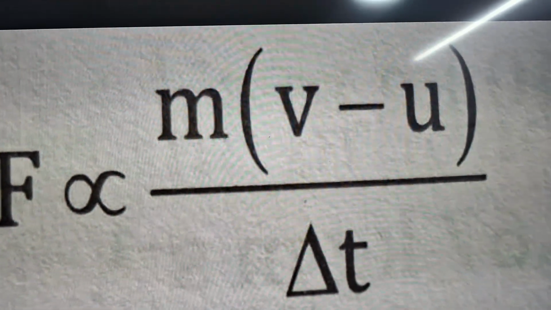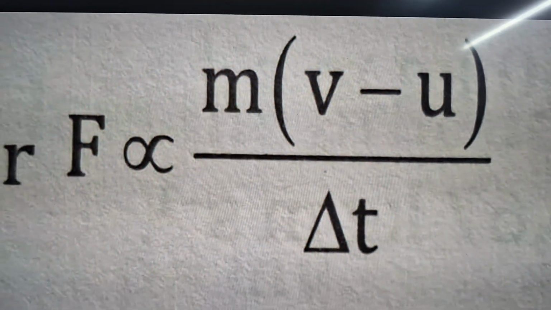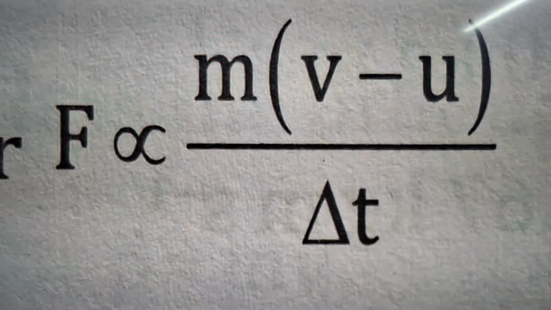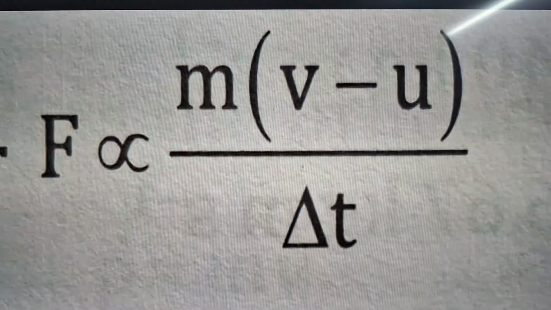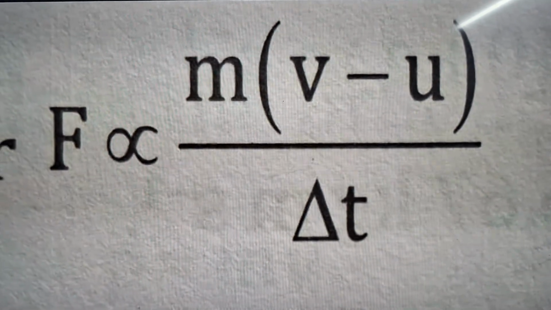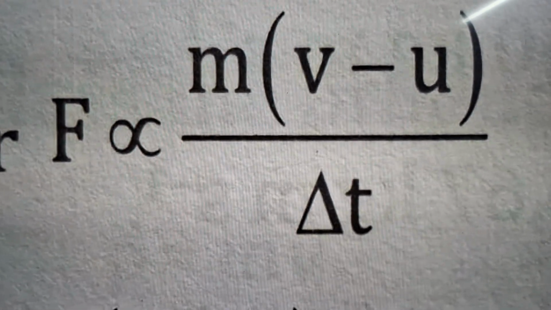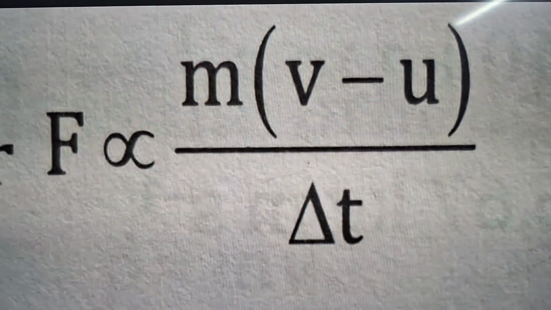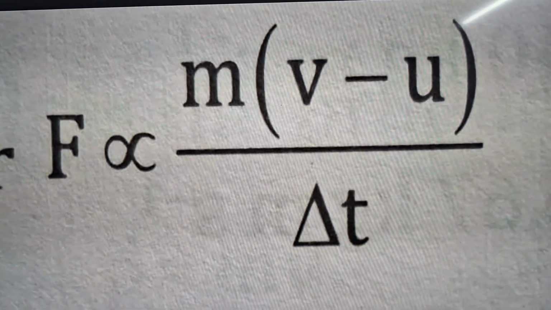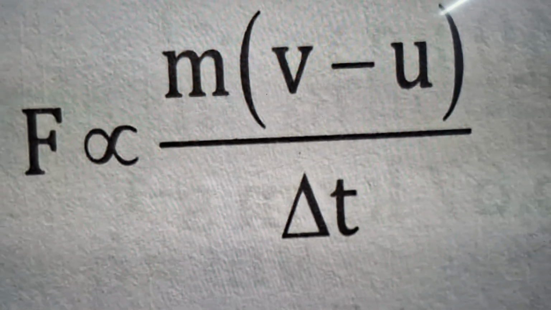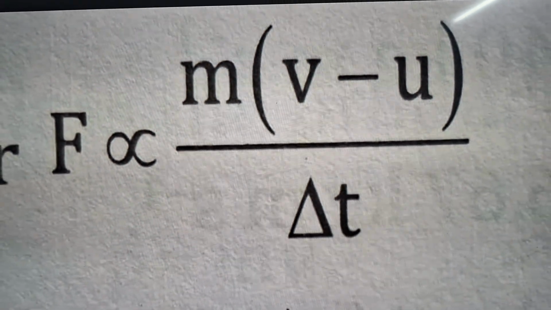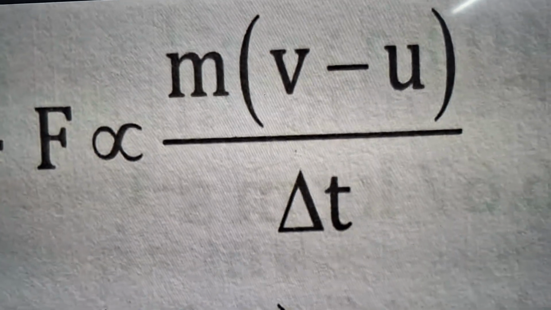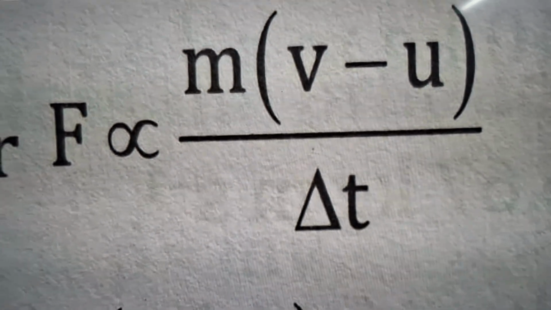Initially U is the initial velocity, and when you kick the ball, it will accelerate and gain a new velocity, called the final velocity. If you kick the ball in the direction of the motion, its final velocity V will be greater than the initial velocity U. So change in velocity with respect to time is called the acceleration.